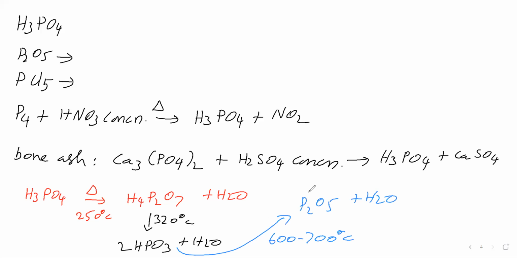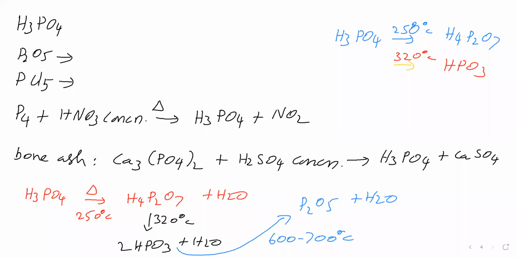Therefore, H3PO4 on heating to 250 degrees Celsius gives H4P2O7. When heated to 320 degrees Celsius, we get metaphosphoric acid HPO3. When heated to 600 to 700 degrees Celsius, we get phosphorus pentoxide, P2O5.